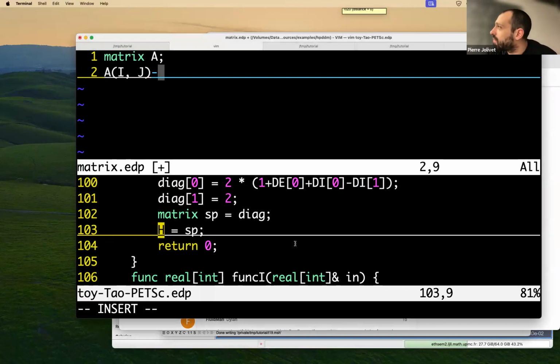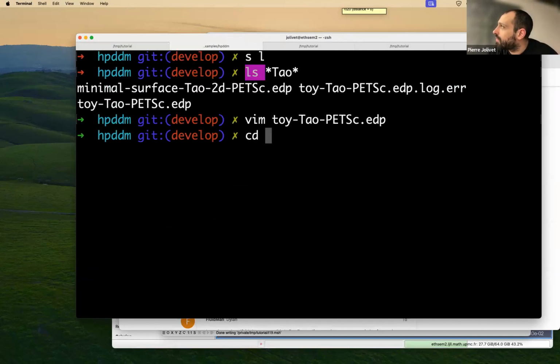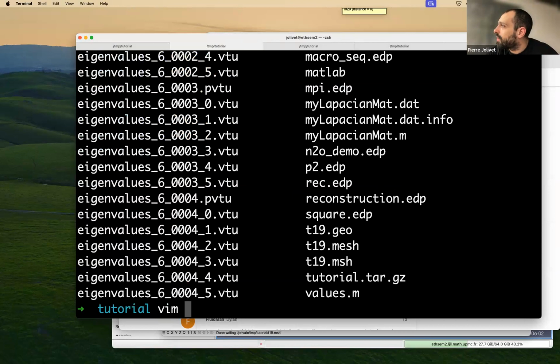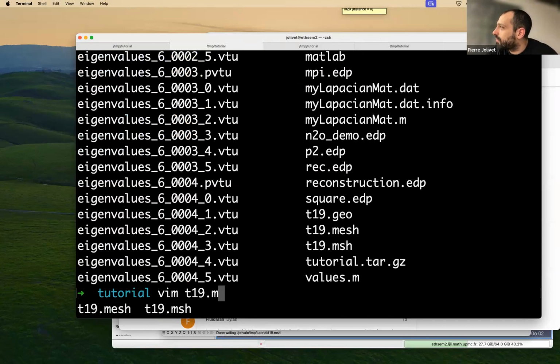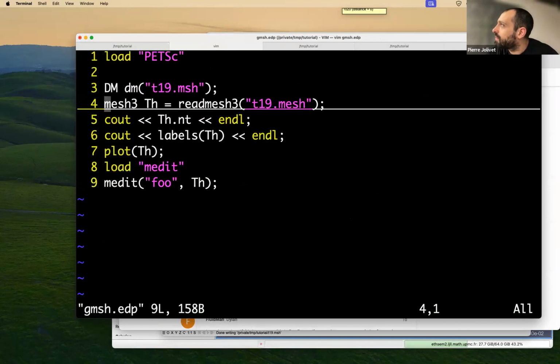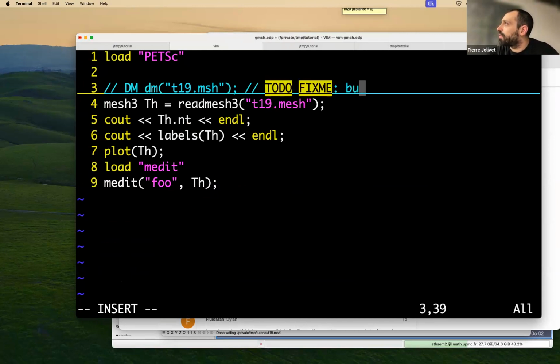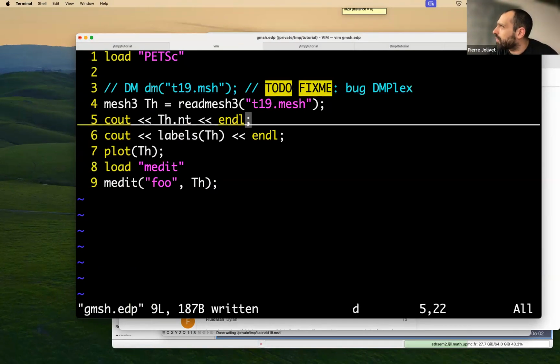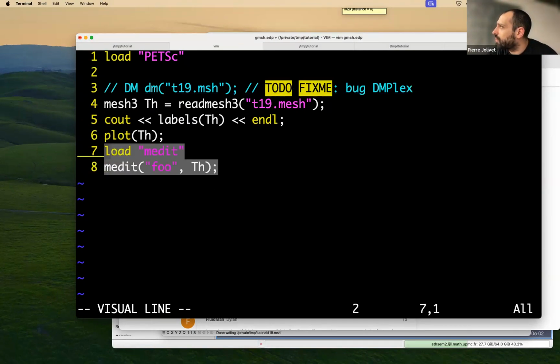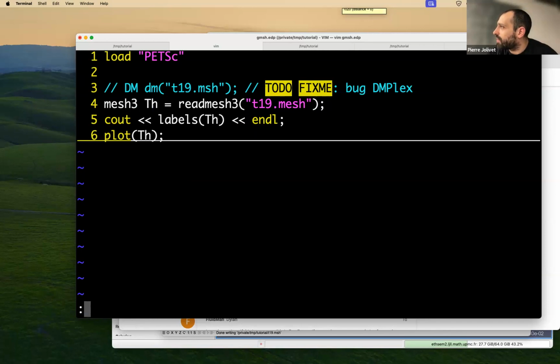I would be curious to see the tutorial template. This does not work, but I need to fix the DMPlex bug. Okay, and so this works, and I just want to see if we can quickly solve something like a Laplacian on this mesh.